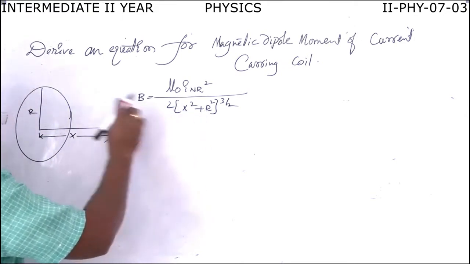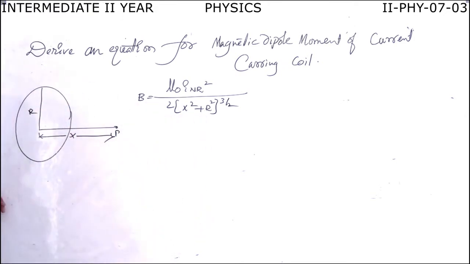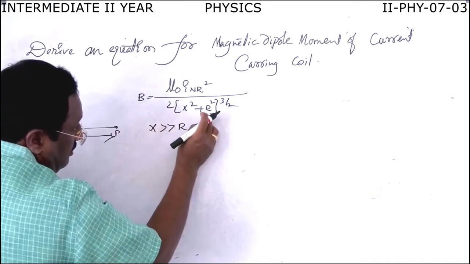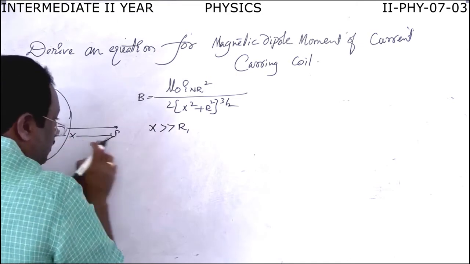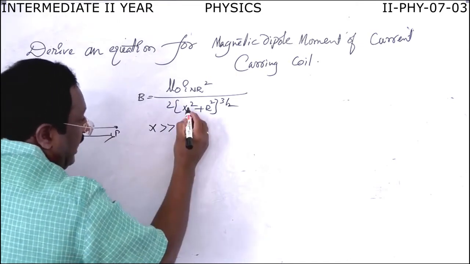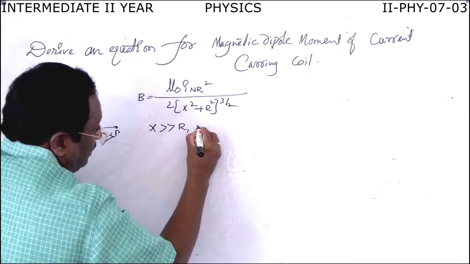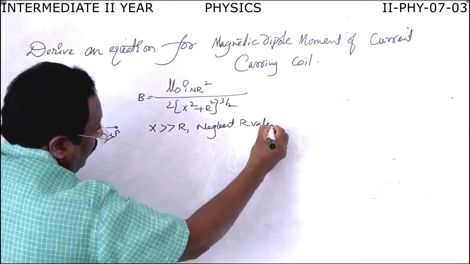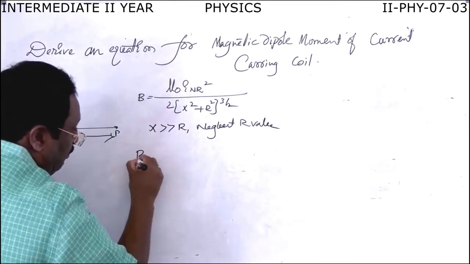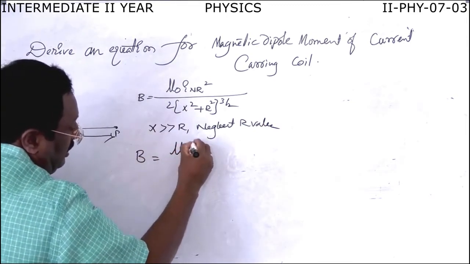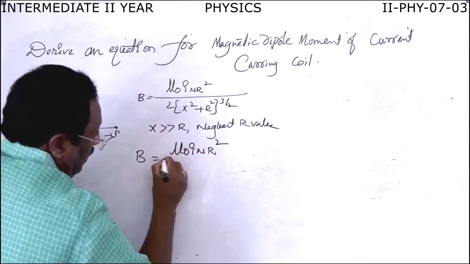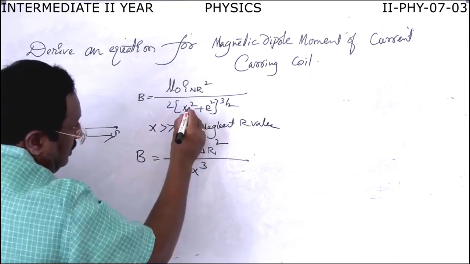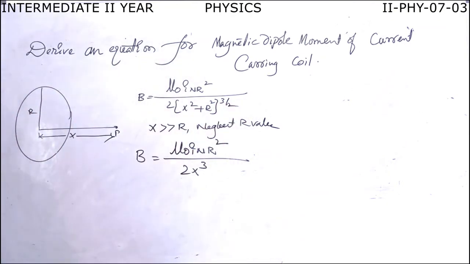What is capital R? The radius of the coil. For example, if x is much greater than R, we neglect the R value in the above equation. Now it becomes B is equal to mu naught I N R square by 2x cube.